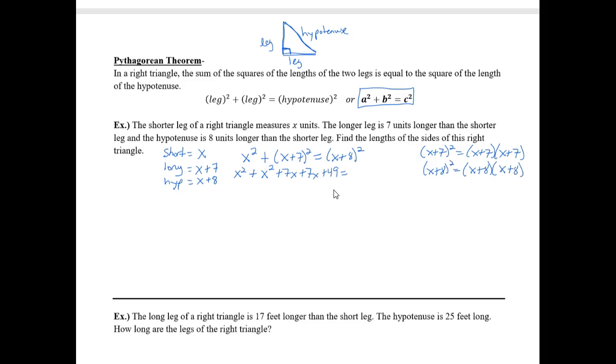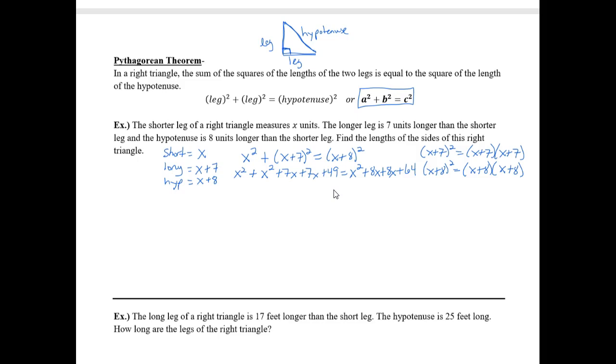I need to remember to FOIL or box it out, making sure I'm multiplying everything. So x times x is x squared, 8 times x, another 8 times x, and 8 times 8. So there are all my pieces for getting rid of those parentheses.